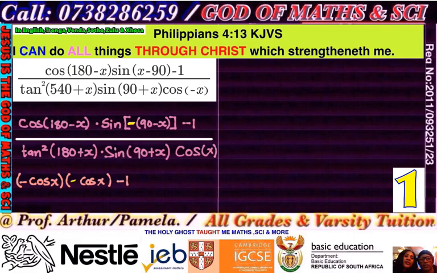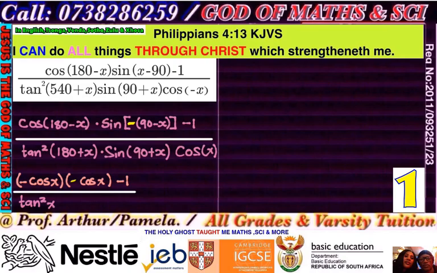And then we are going to divide everything. Now remember, tangent squared will remain positive. 180 plus, you are in the third quadrant where tangent is positive. You square that, it remains as it is. So you remain with tangent squared of x.